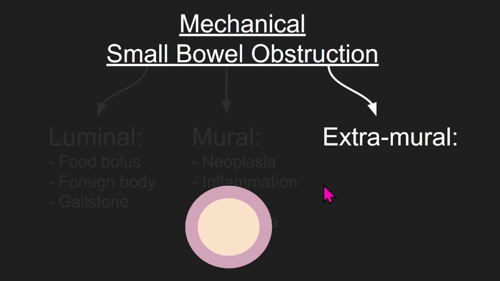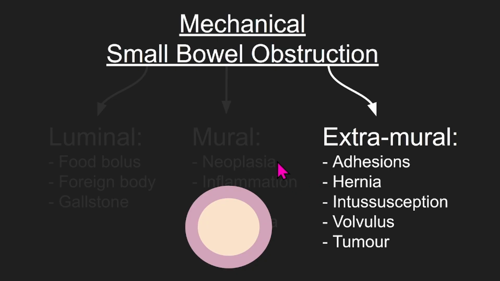Now let's move on to extramural causes. These are some of the more common causes of bowel obstruction. So even though they are listed last, they are by no means the least. So adhesions being the commonest cause of small bowel obstruction. About 60% of small bowel obstruction is adhesional. Then hernia, which can be internal or external hernia.